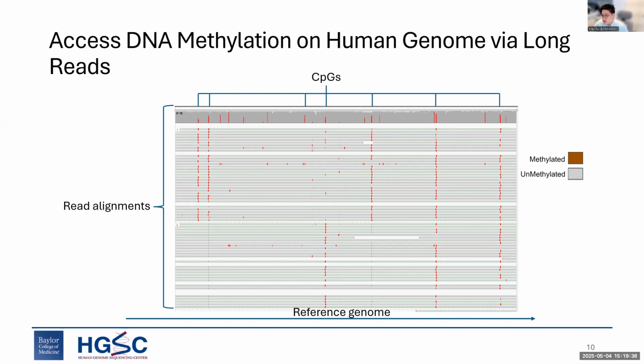So the red dots here mean the CpG is methylated on the reads. Well, when there's no color, it means the base in that location is not methylated. With this convenient reporting and visualizing standard, we can directly utilize the DNA methylation signal, just like how we treat other signals that we get from read alignment, such as SNPs and SVs.